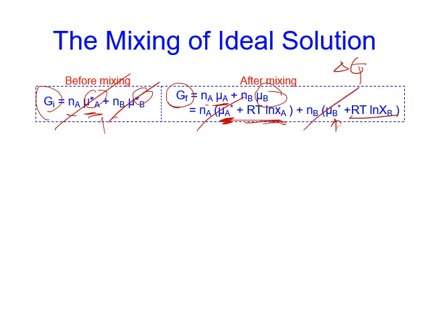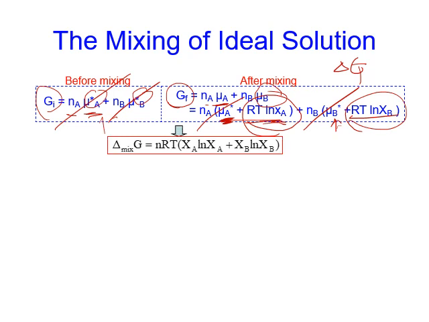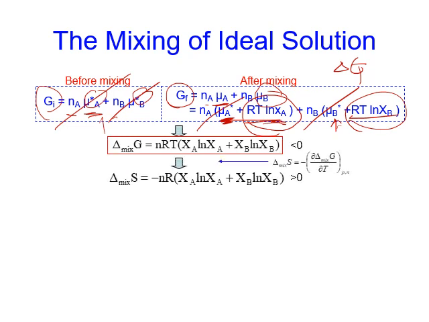So what we are left with is just RT ln XA and RT ln XB. Again, XA and XB are less than 1, so the natural log is negative, and we can prove delta G is always negative. So delta G is negative, and therefore the process is spontaneous.